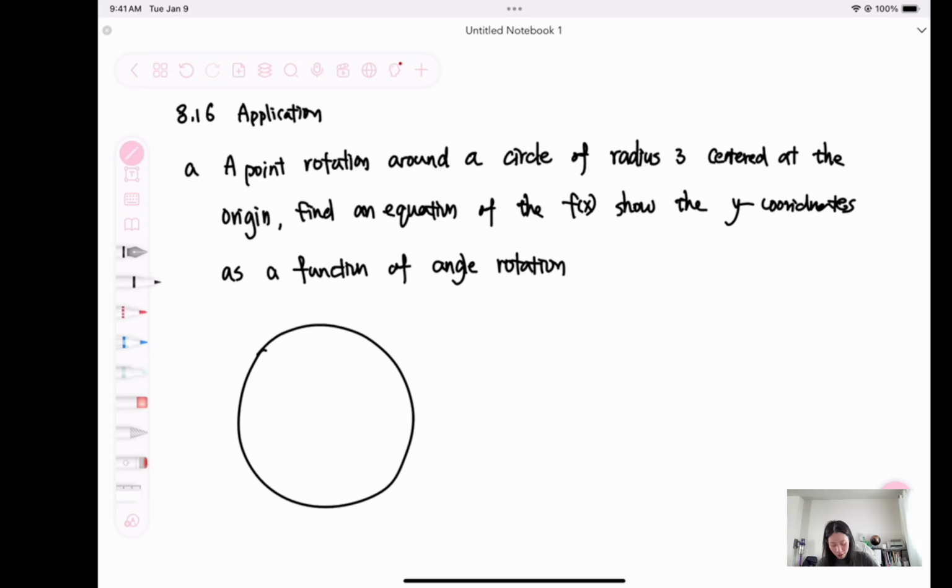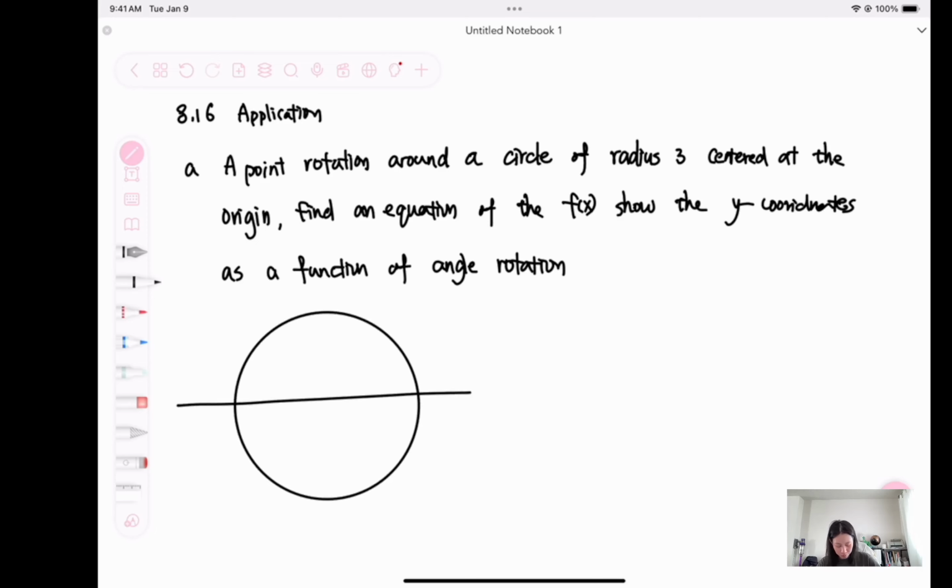What does that mean? It means you have a circle and you're going around it. So we can start the point here, and then it will keep going as the rotation continues that way.